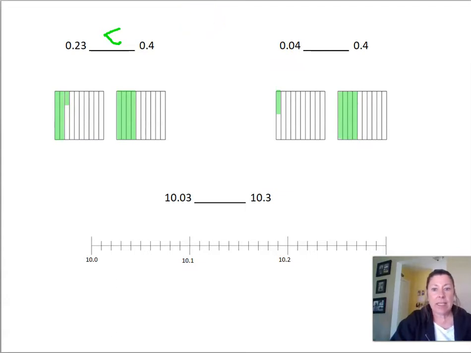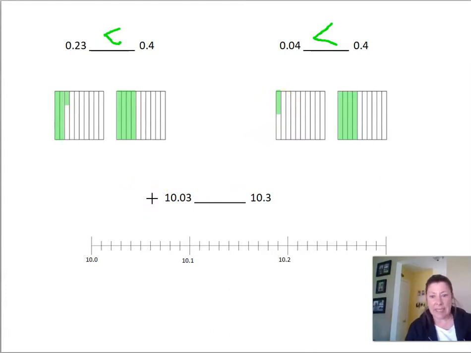So I can clearly see that this 4 hundredths is less than this 4 tenths. Remember, when you have a digit that is 2 places behind the decimal point, it's hundredths. So those are the littler pieces that we have.